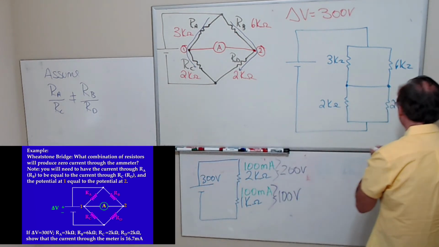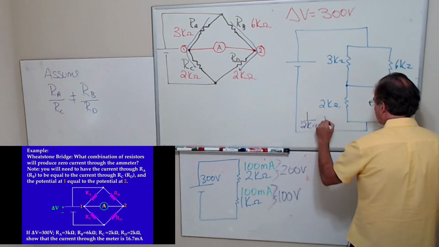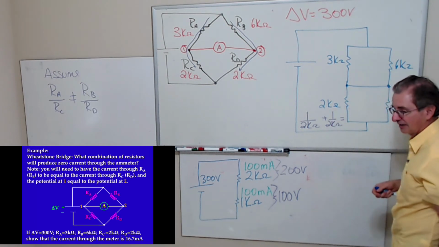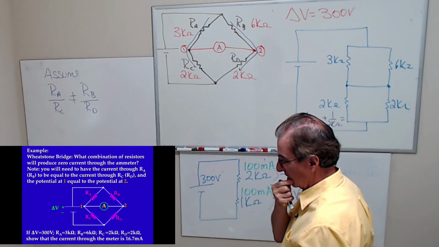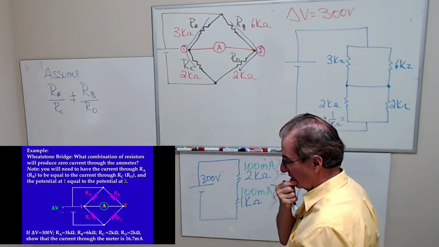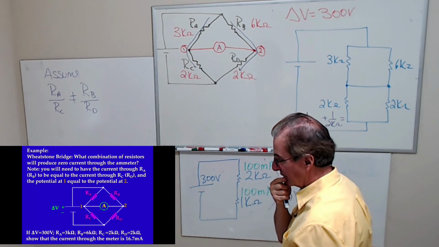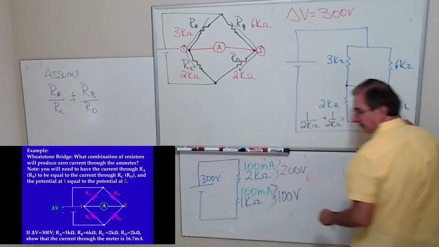Okay. So I'm going to take 1 over 2 plus 1 over 2 gives me what? What's 1/2 plus 1/2? 1. Okay, so that gives me 1 kilo ohm. So these two give me this guy.